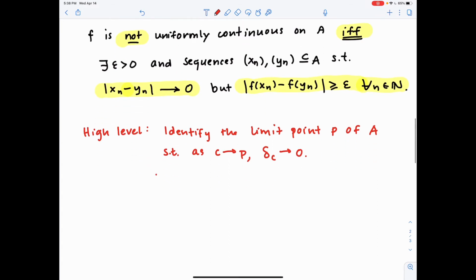And then pick xn and yn in your domain such that xn goes to P and yn goes to P.